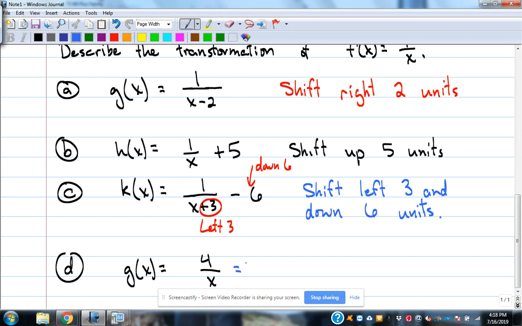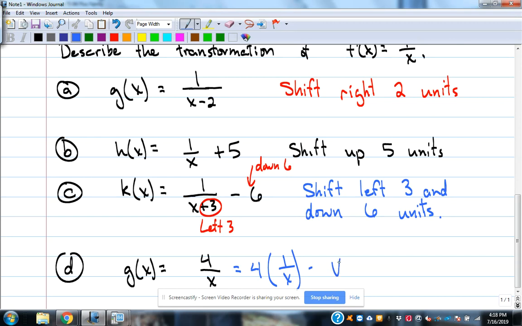The math that really allows that to happen is actually you're taking 4 times 1 over x. These are the same thing. So 4 over x and 4 times 1 over x are the same problem. And anytime there's a number multiplied on the outside, that is a vertical movement, and because it's a bigger number, it's going to be a vertical stretch.